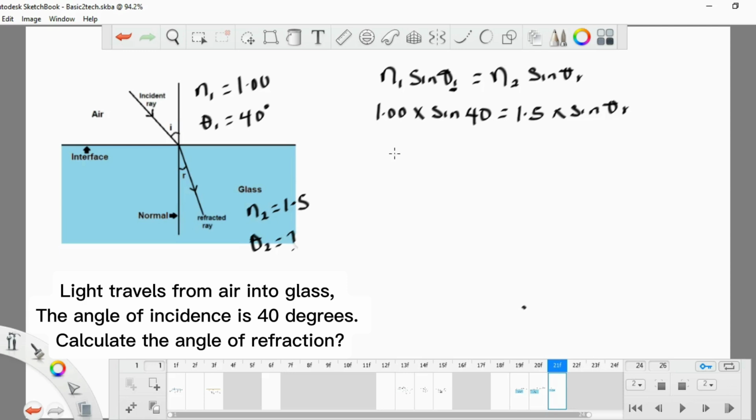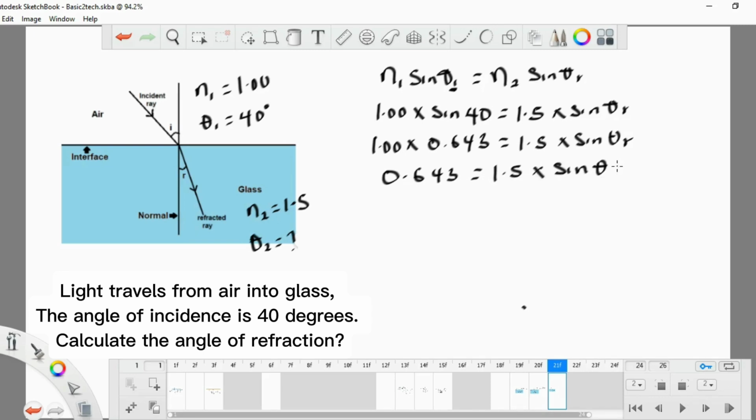So let's go. We have 1.00 times sine 40, which will give us 0.643, equal to 1.5 times sine of the angle of refraction. So this on my left will give me 1.00 times 0.643, which is 0.643, equal to 1.5 times sine of the angle of refraction.